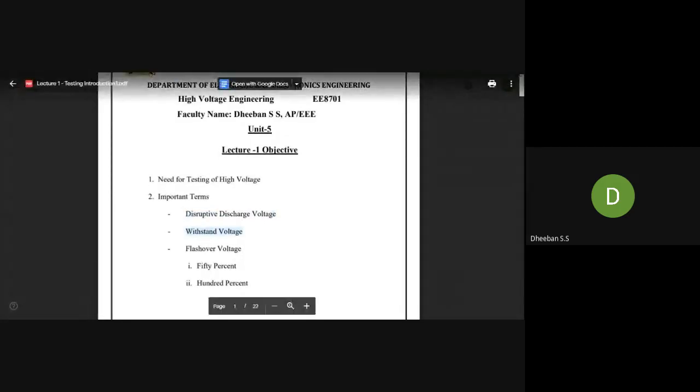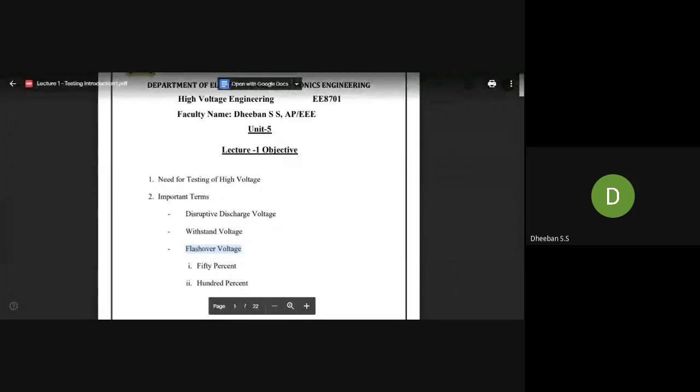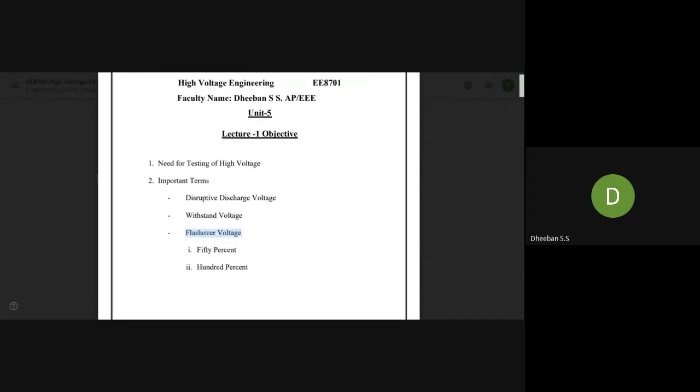Followed by the withstand voltage. After that, flashover voltage. This flashover voltage you have also studied in your third unit.